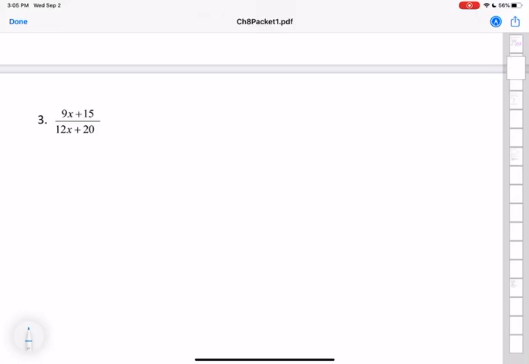Is there anything that we can factor out of the 9 and the 15? How about 3? If I pull out that 3, I'm left with 3x plus 5. How about across the bottom, what can I pull out? Looks like a 4, and I'm left with 3x plus 5.